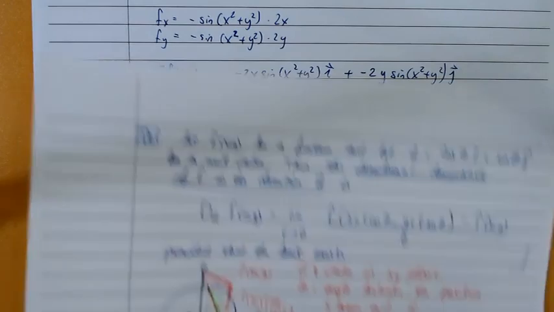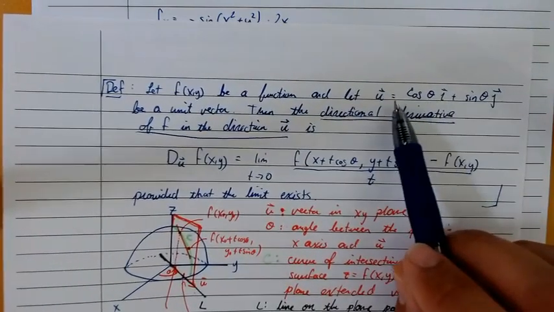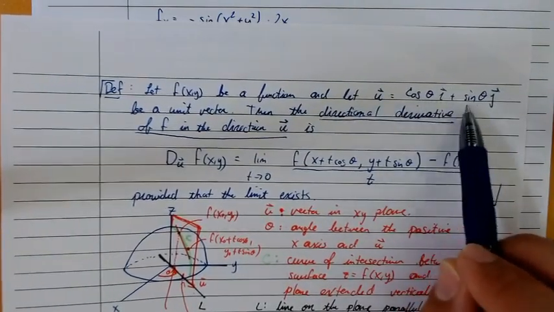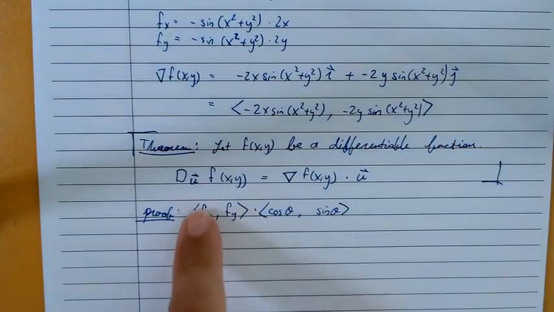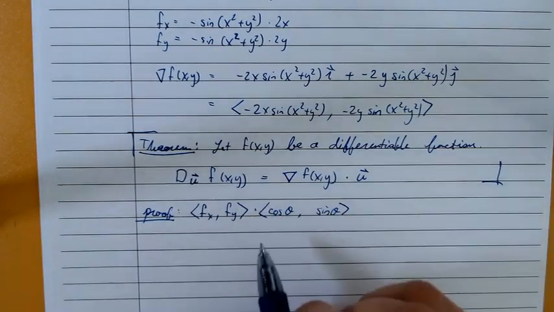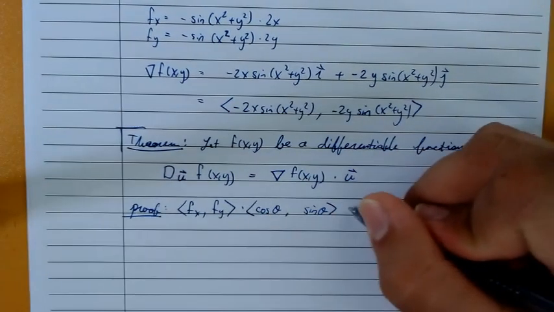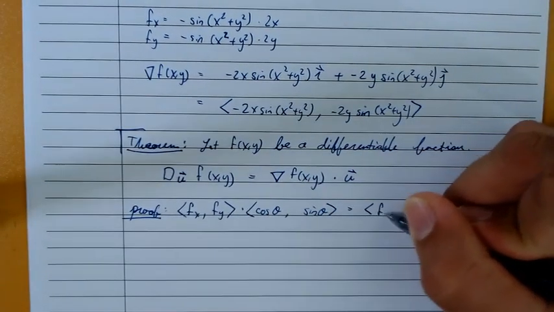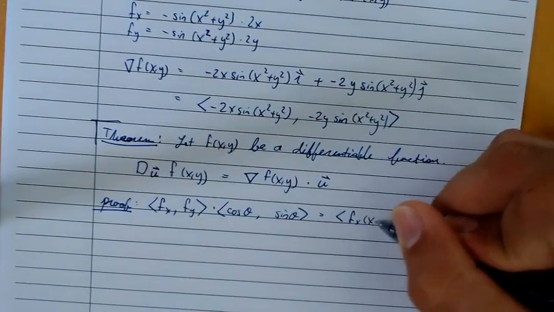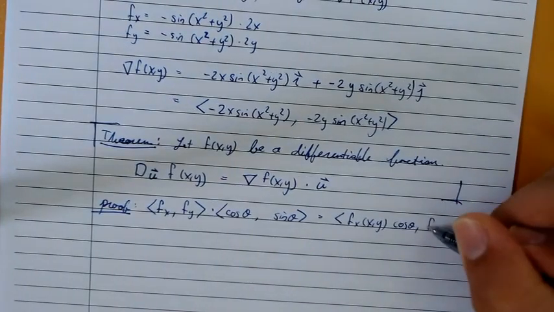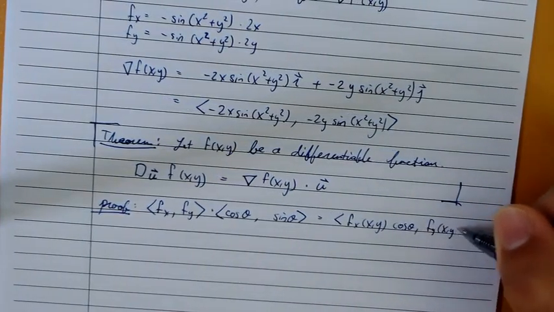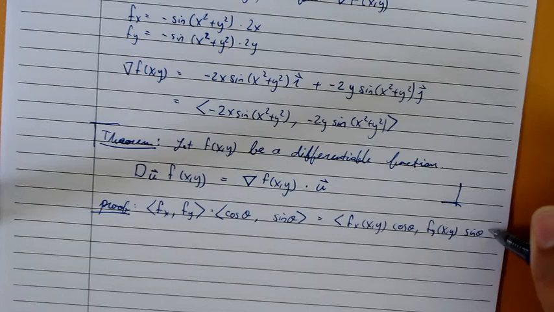That's just an alternate form of how we originally defined the vector u. But now the way the dot product works is I just take the first component times the first component plus the second component times the second component, which is f sub x at x comma y times the cosine of theta, plus f sub y at x comma y times the sine of theta.